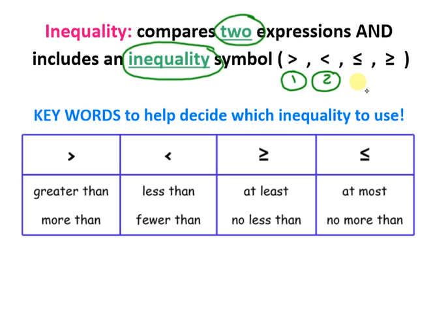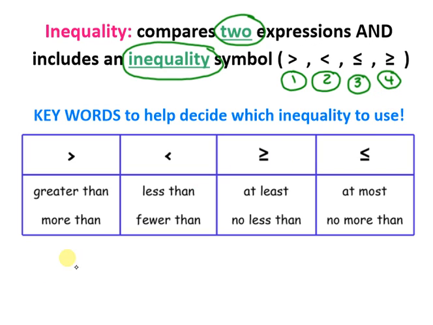The next 2 symbols are new to you. The third symbol is a less than sign with a bar under it. And the fourth symbol is a greater than sign with a bar under it. So the third symbol is called less than or equal to, because it's got like an equal bar under it. And then the fourth one is called greater than or equal to.